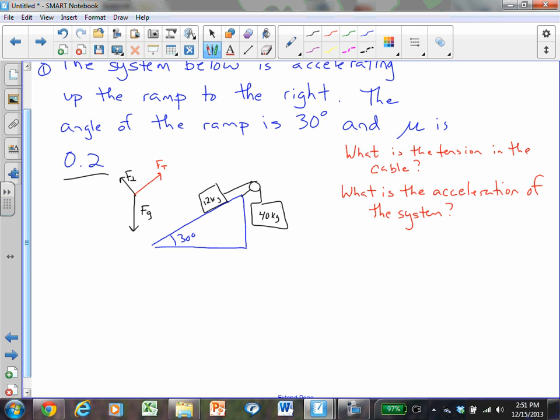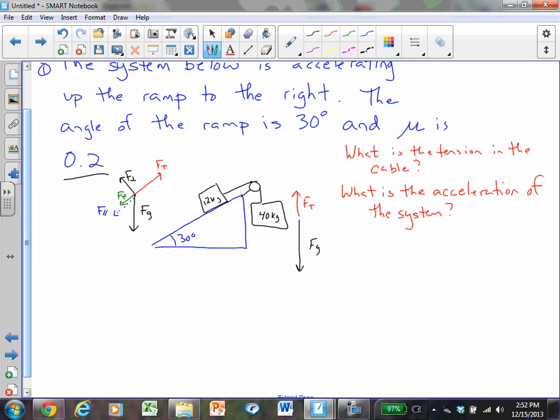It also has some friction. Remember, it's accelerating up, so the friction goes down the ramp. And then the component of Fg in the plane, F parallel. The block that's hanging is a little simpler, it has an Fg and an Ft.